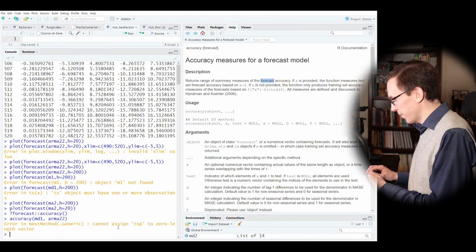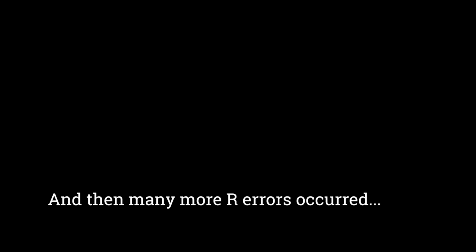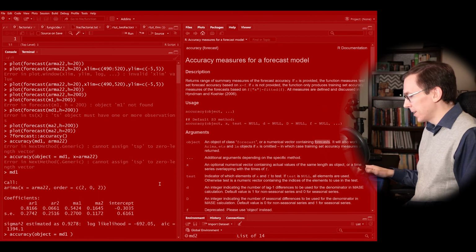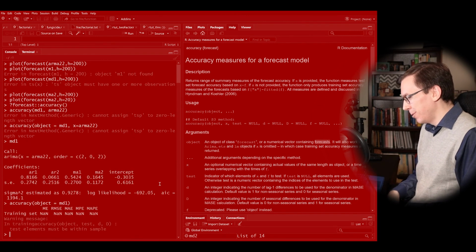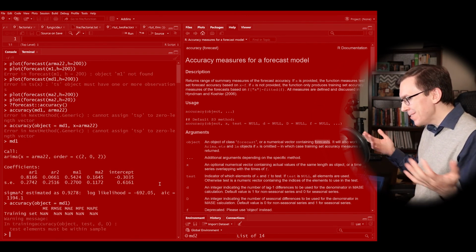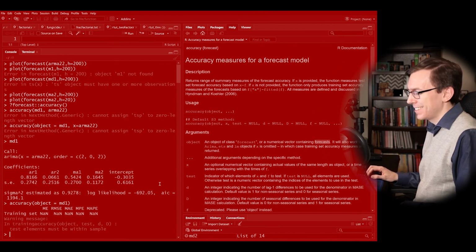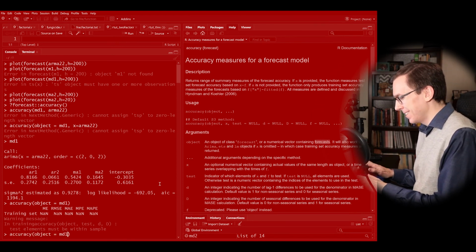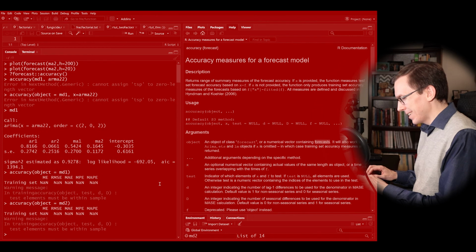And what is it doing wrong? The model object should have everything within it. Why do you give me a bunch of NaNs? Rough. It's just not working today, right?